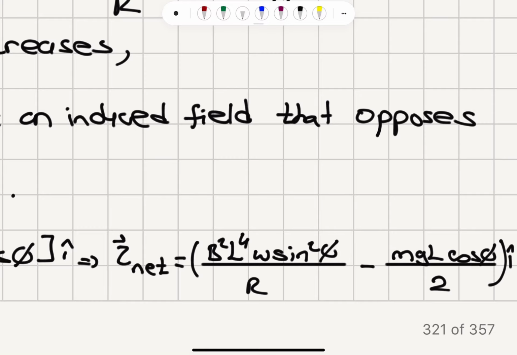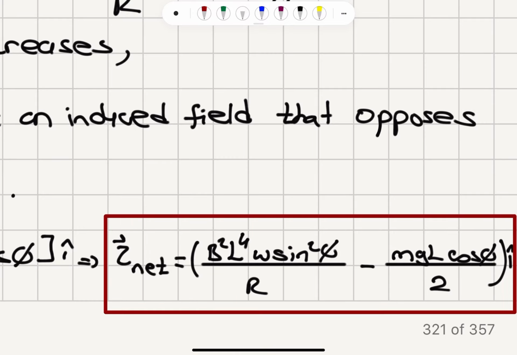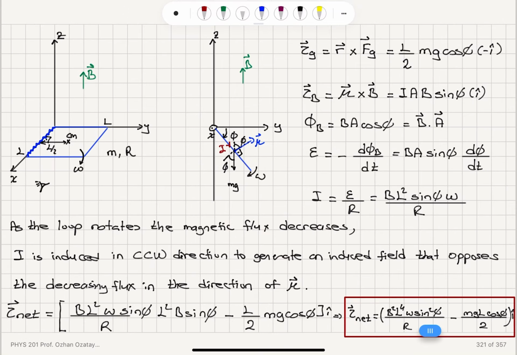So that's the net torque we obtain for part A of the problem.